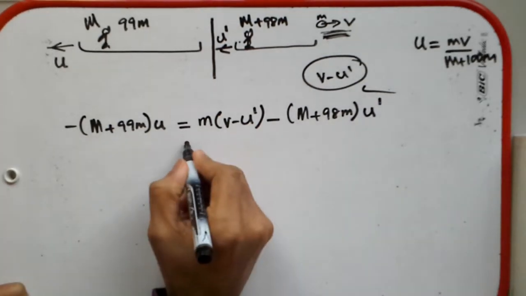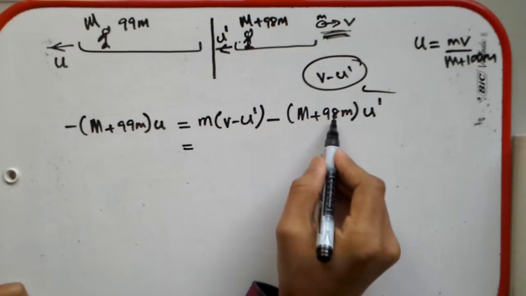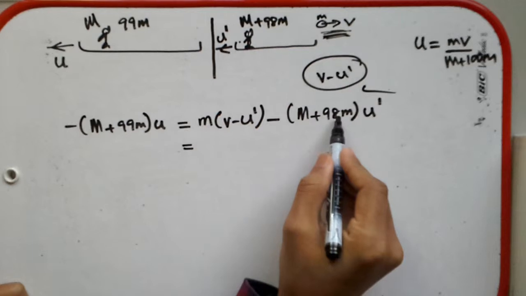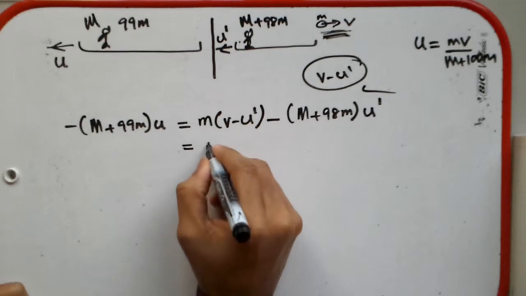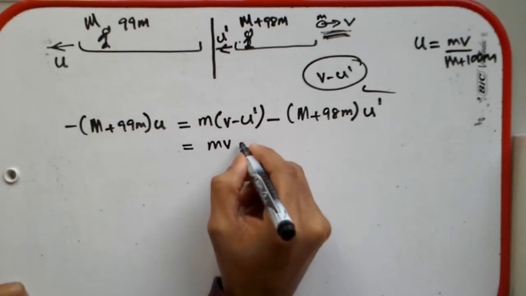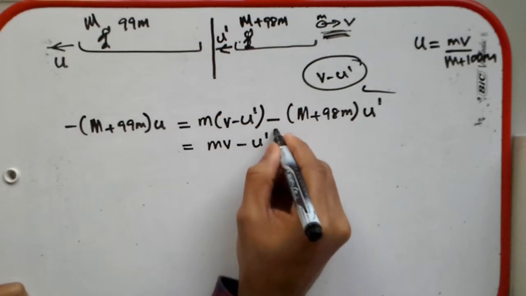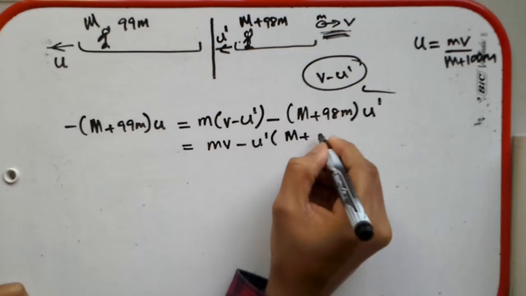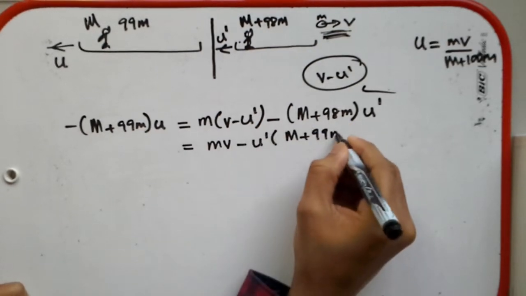Okay, so look at this. Let's simplify. Minus m u prime, minus 98 m u prime. So I'll get mv minus, if I take u prime as a common factor, big M plus 99m. Remember, 98 plus 1 is 99m.